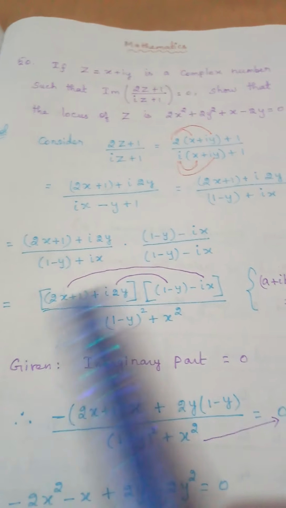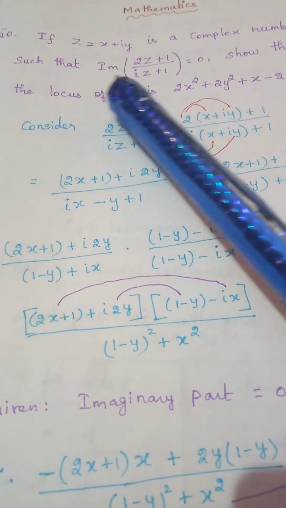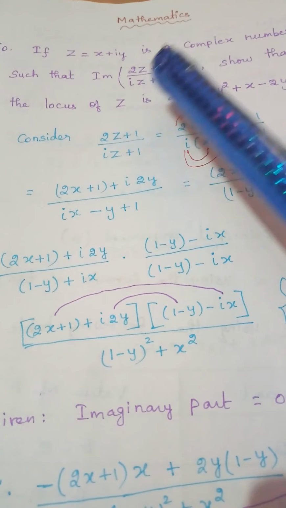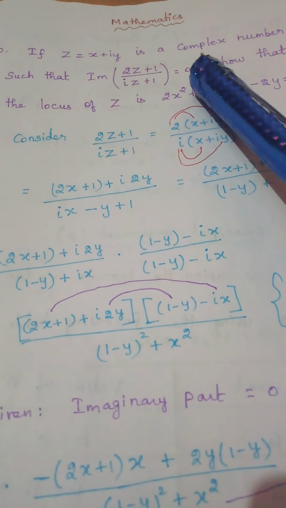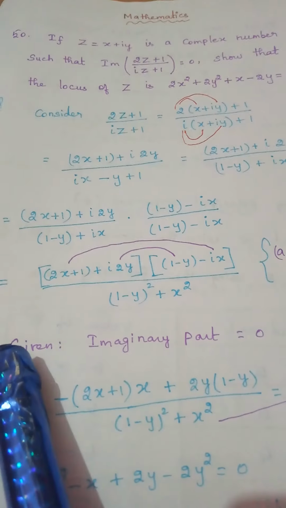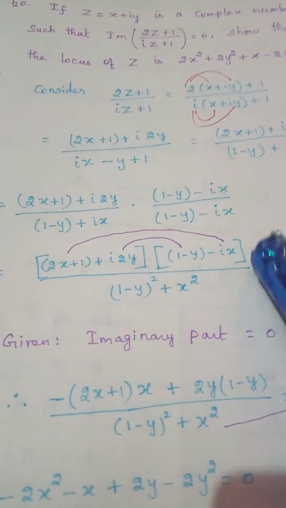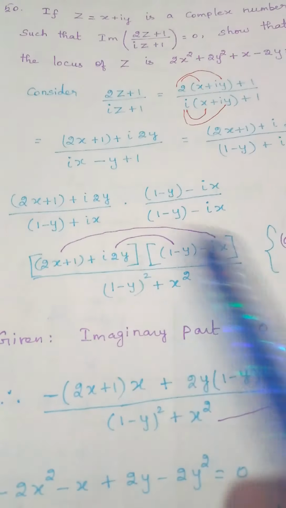Now I'm going to go for the condition given in the question. In the question it is given that the imaginary part should be equal to 0. I'm going to write that condition, imaginary part equal to 0. Now I'm going to multiply these two.